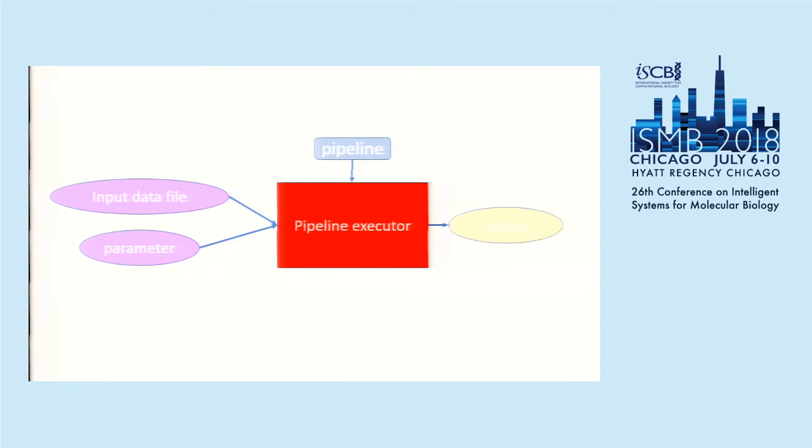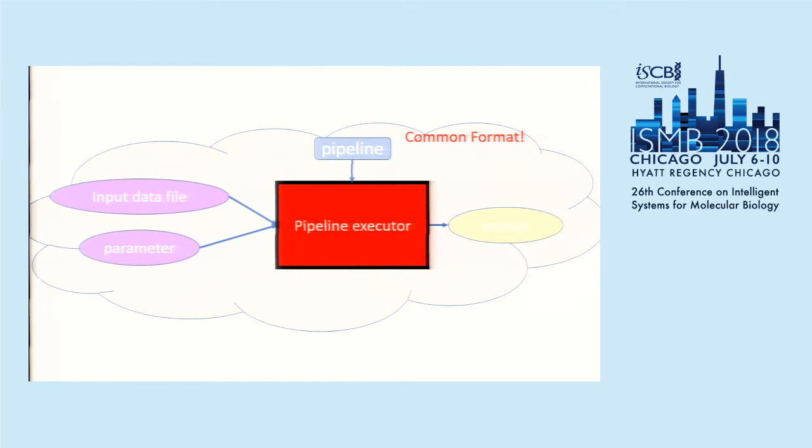So this is a more efficient way if you have to run 100 different pipelines. And to do this, you have to build a pipeline executor. You need this tool. And then the pipeline has to be written in a common format that can be read and parsed by the executor.